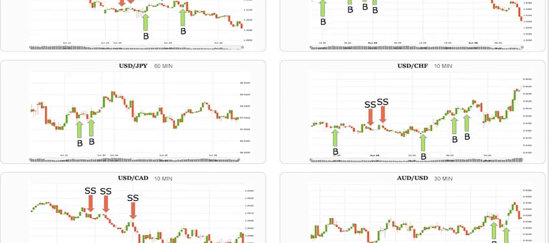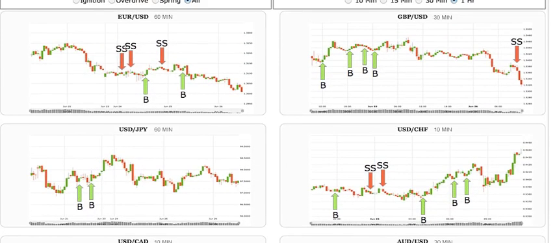Let's scroll up here to the US dollar Swiss franc pair. And what we have here is a market that begins to kind of chop sideways, which is non-deliberate behavior, but not too bad.